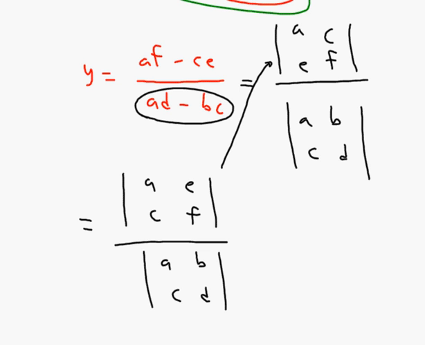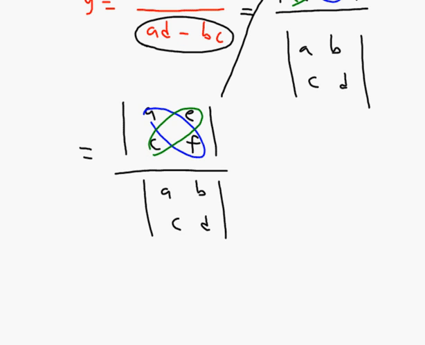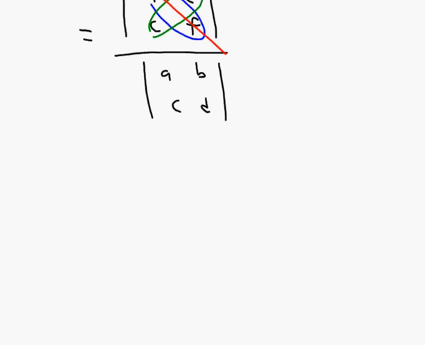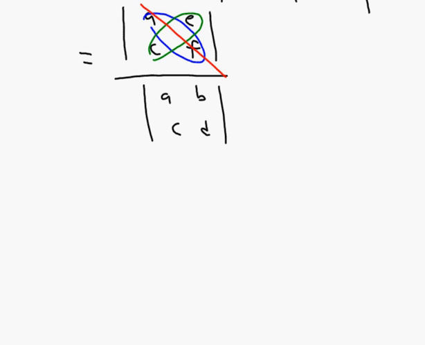The answer is yes, because up here you do A times F, just like you do A times F here, and then you subtract E times C or C times E. Now, this is called transposing a matrix. We won't worry about that language yet, but I sort of flipped it about this line here down the middle. I flipped the matrix that way because I want to look at that matrix for a minute and compare it to the original system.